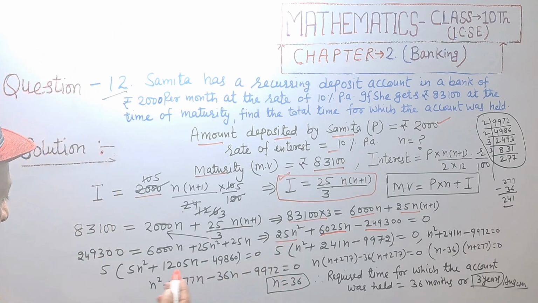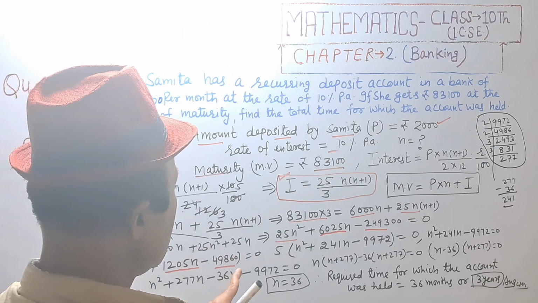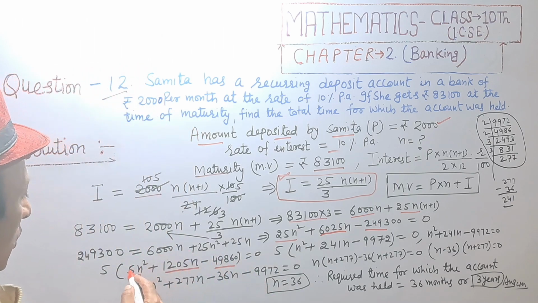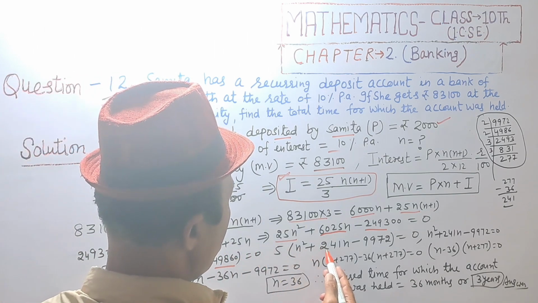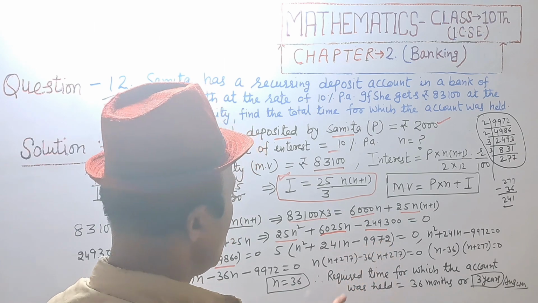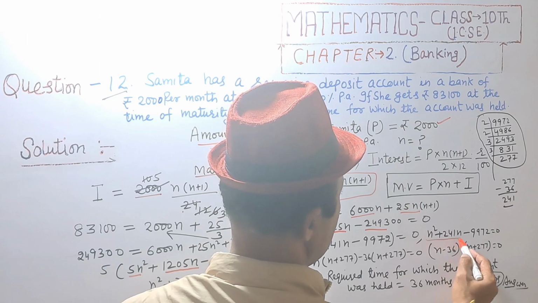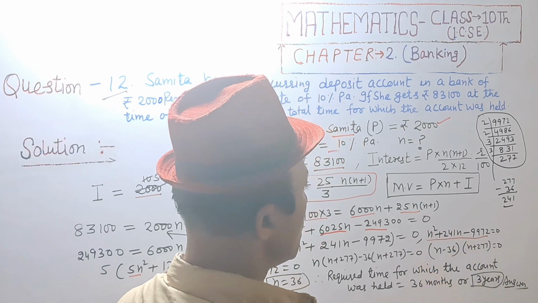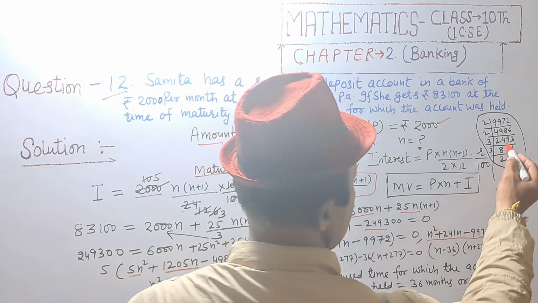Taking common 5, in bracket 5n square plus 1205n minus 49,860 equal to 0, and taking common 5 once again, in bracket n square plus 241n minus 9,972 equal to 0. 5 not equal to 0, and it gives a quadratic equation, that is n square plus 241n minus 9972 equal to 0.